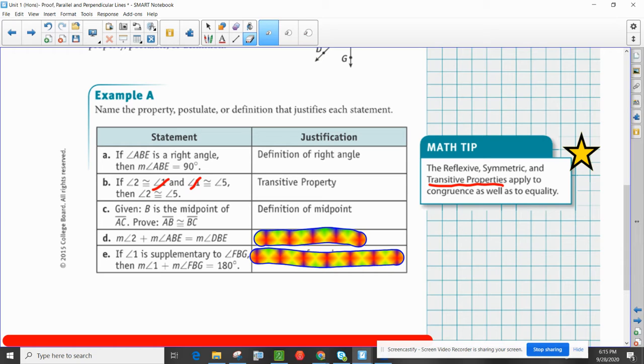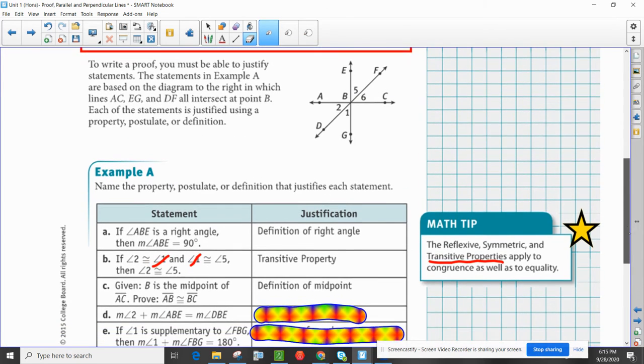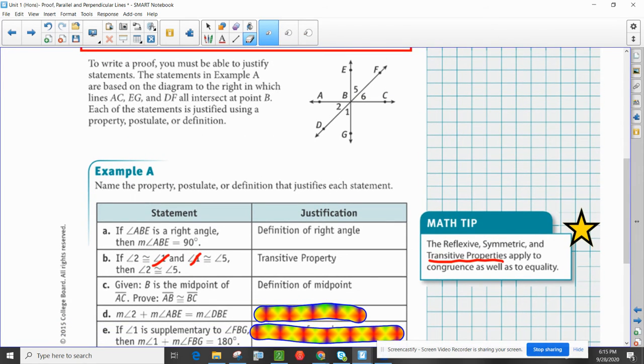The measure of angle 2 plus the measure of angle ABE is equal to the measure of DBE. Again, we're going back to this picture here. They're saying the measure of angle 2, plus the measure of ABE, has to be equal to DBE.